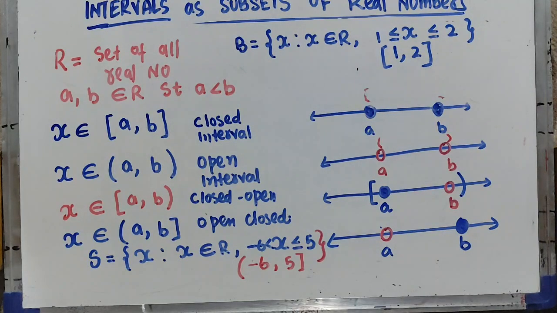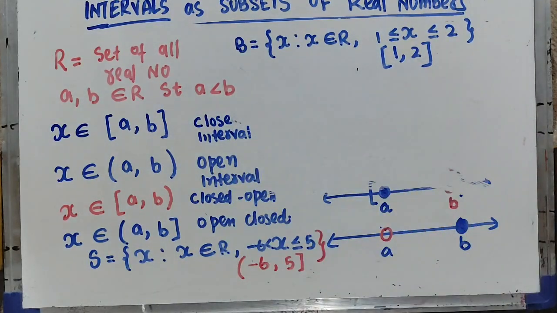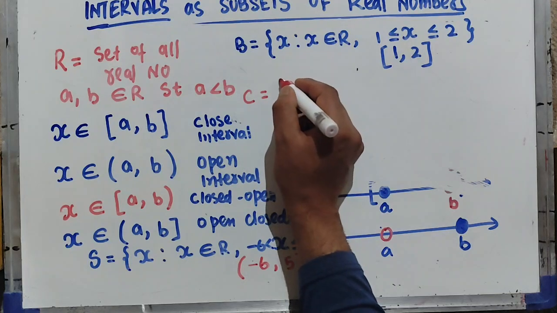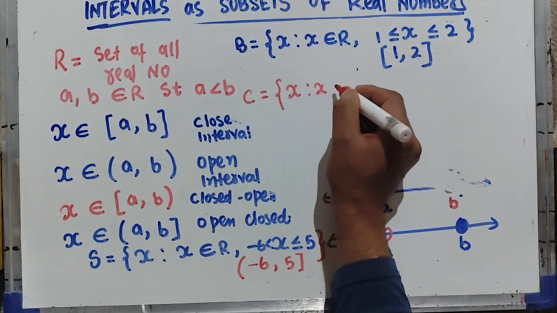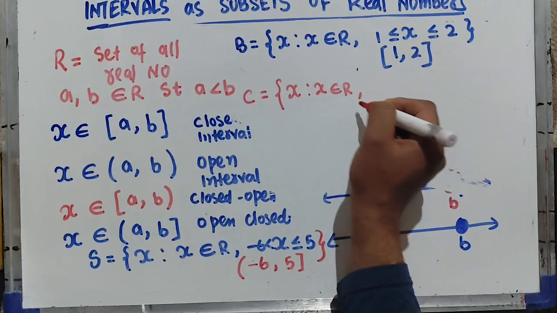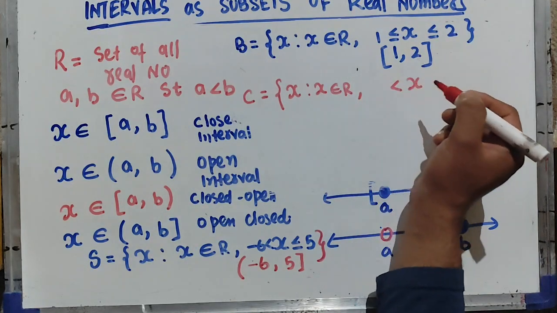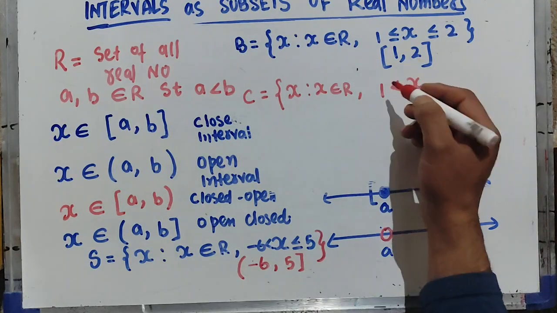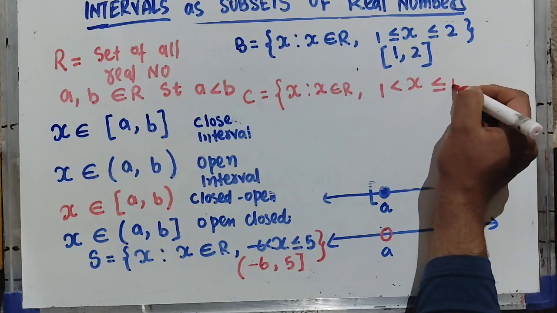Likewise, let's take another. Let us say we have set C, which contains all x's such that x belongs to real numbers and x is greater than 1 but less than or equal to 4.